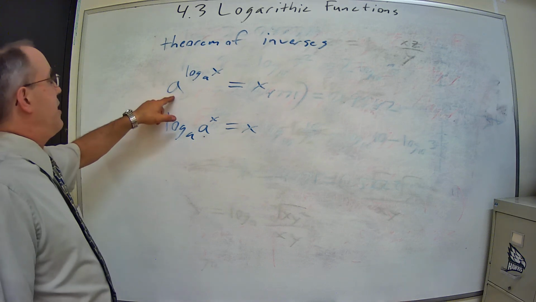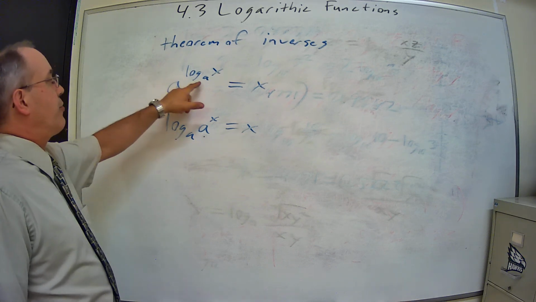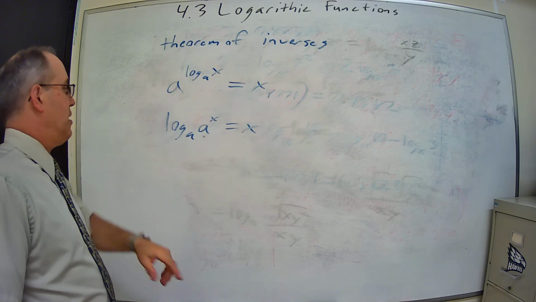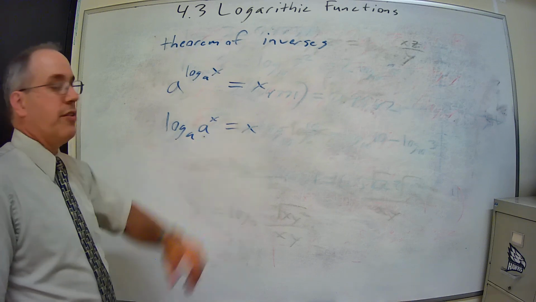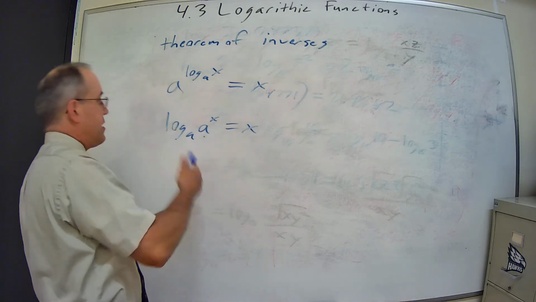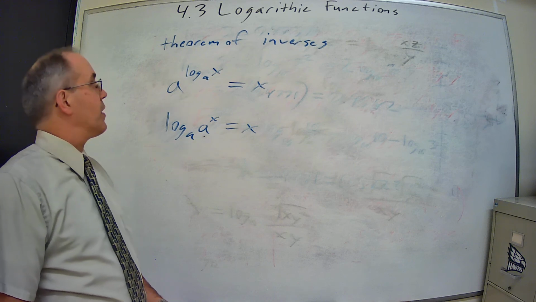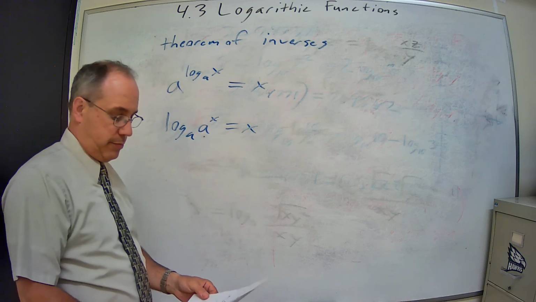So this is taking the exponential of the logarithm of x, which gives you x, and then the logarithm of a to the x gives you x. So that's just the composition, saying that it works for logarithmic functions and exponential functions.